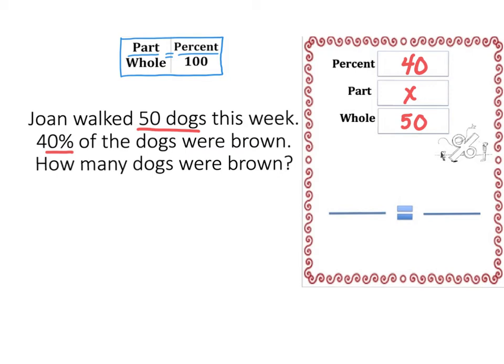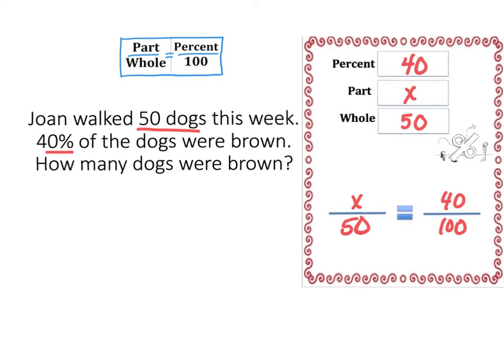So now that I know my percent, my part, and my whole, I can start to set up my proportion. I know it's part over whole. So if I go with what I filled out at the top here, my part is x and my whole is 50. So x over 50 equals my percent over 100. And now it is simply time to solve the proportion that we created.